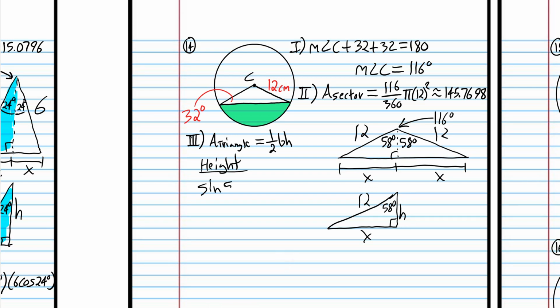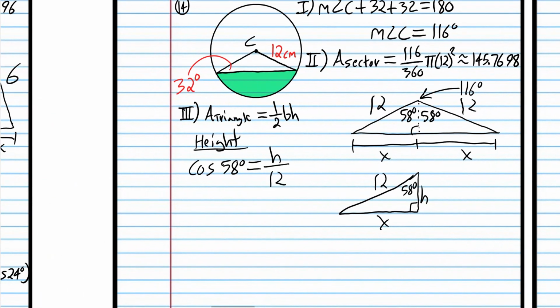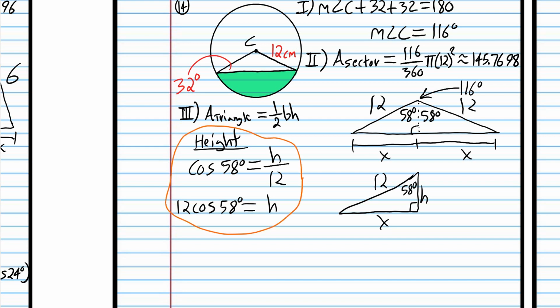So sine 58 degrees equals adjacent over hypotenuse, and that should actually be cosine, I'm sorry. Cosine is adjacent over hypotenuse, as you can see up there. So h is equal to 12 times cosine 58 degrees. So all that was just to find the height.